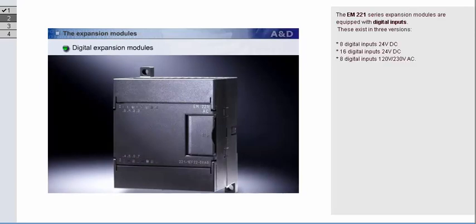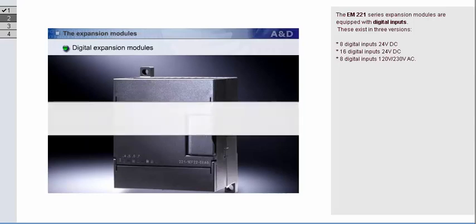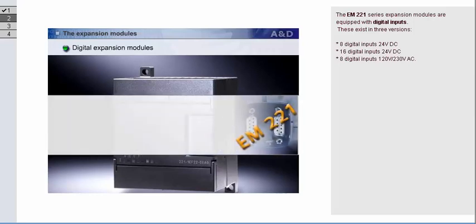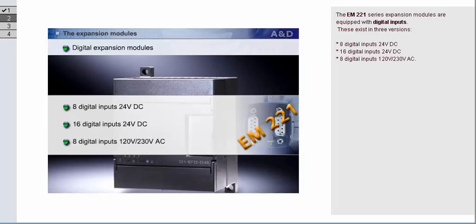The EM221 series expansion modules are equipped with digital inputs. These exist in 3 versions: 8 digital inputs 24-volt DC, 16 digital inputs 24-volt DC, 8 digital inputs 120-volt/230-volt AC.